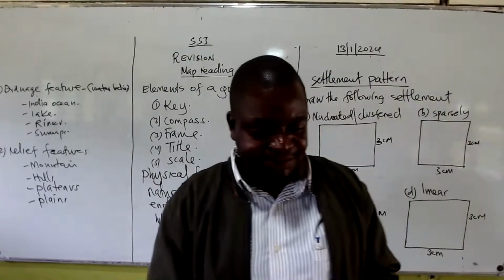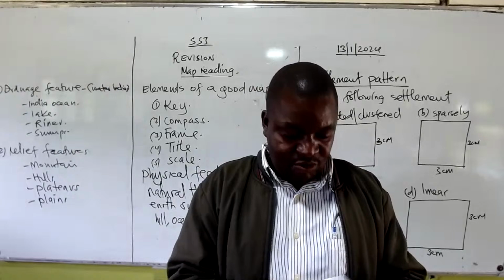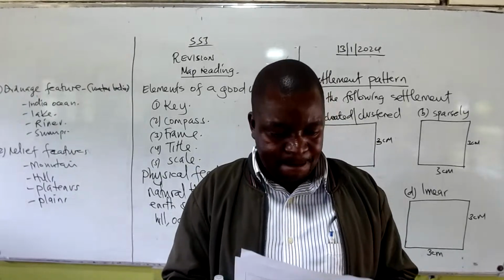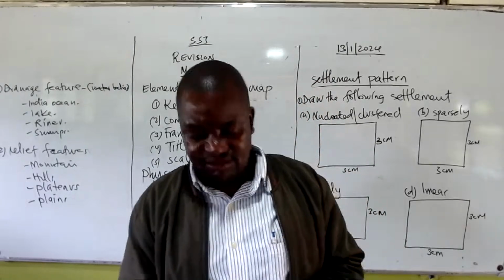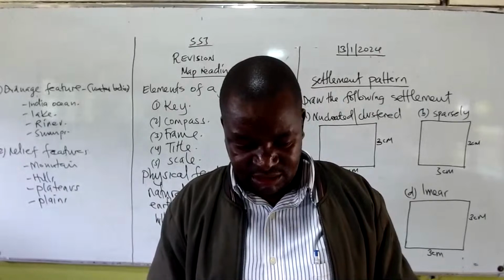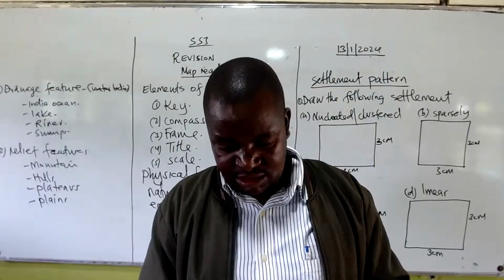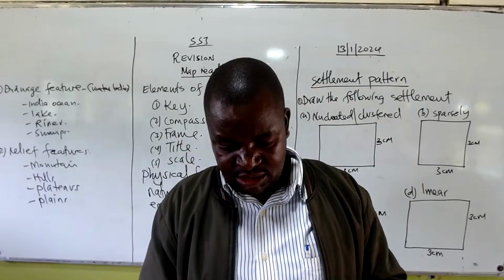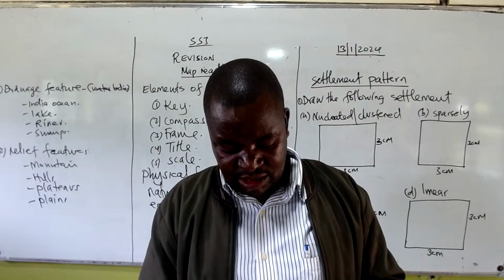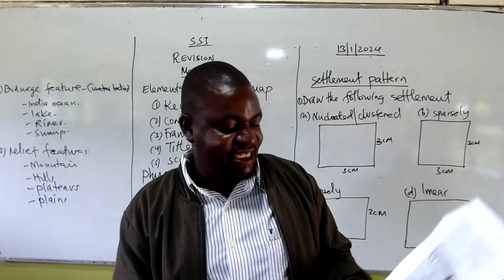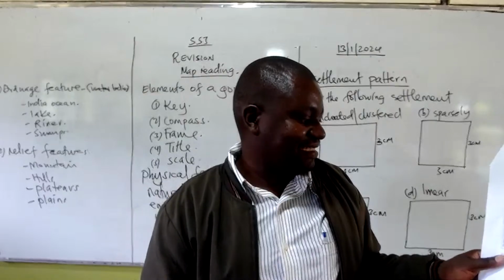Question number 5. Read. The compass between south and east, X is called what?